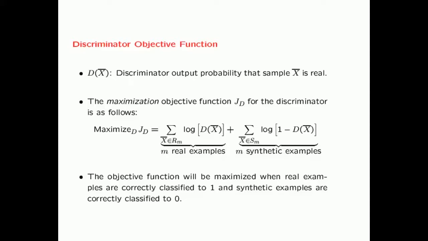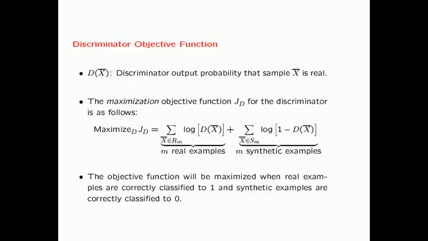The discriminator is going to set up a maximization objective function which is going to be maximized when your real examples have as high a probability of being real as possible. So you can see that's log D(x), but for your synthetic examples, you want to minimize the probability, so it's 1 minus D(x), which is 1 minus the probability that the sample x is real.